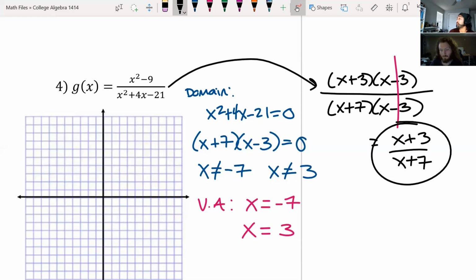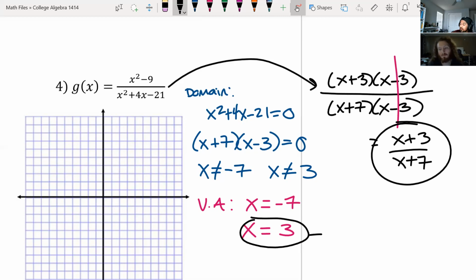Which term did we eliminate out of the denominator? The x minus 3, right? So if we eliminate that term, this x equals 3 is no longer a vertical asymptote.